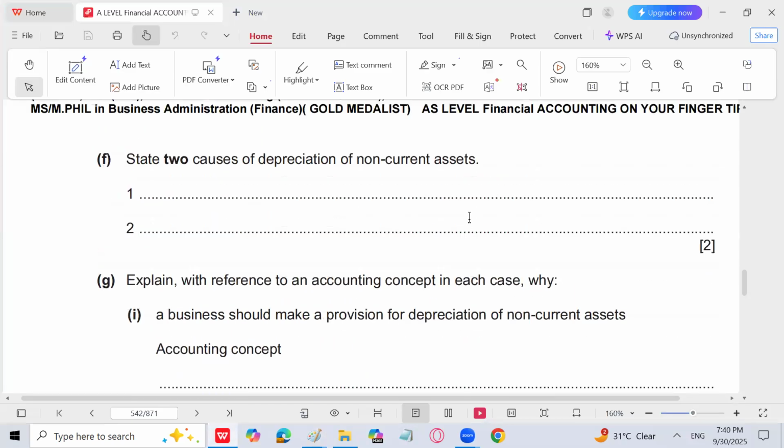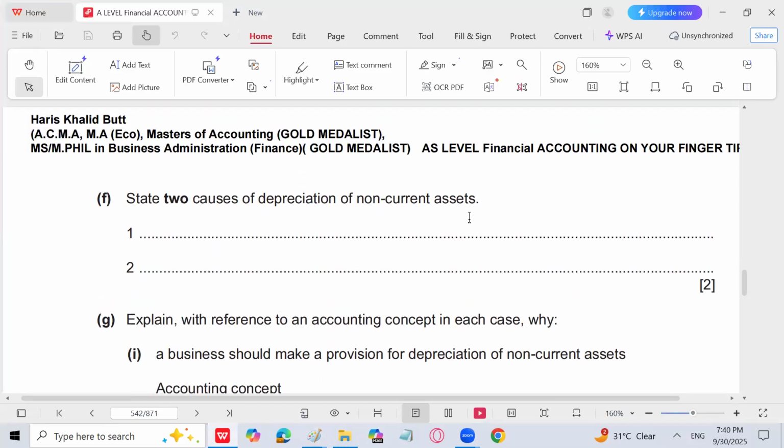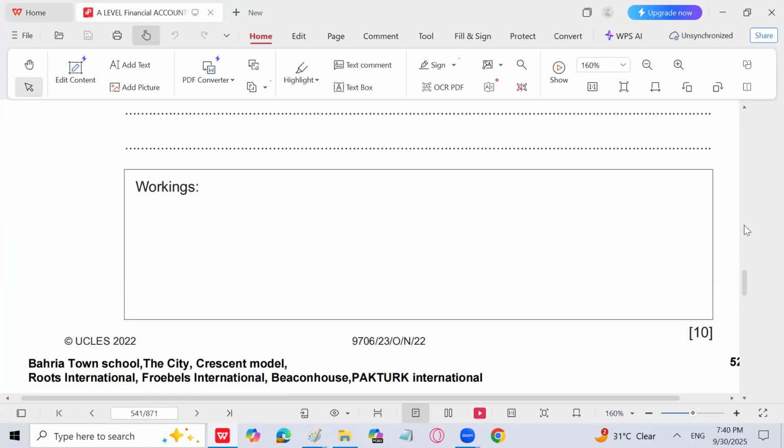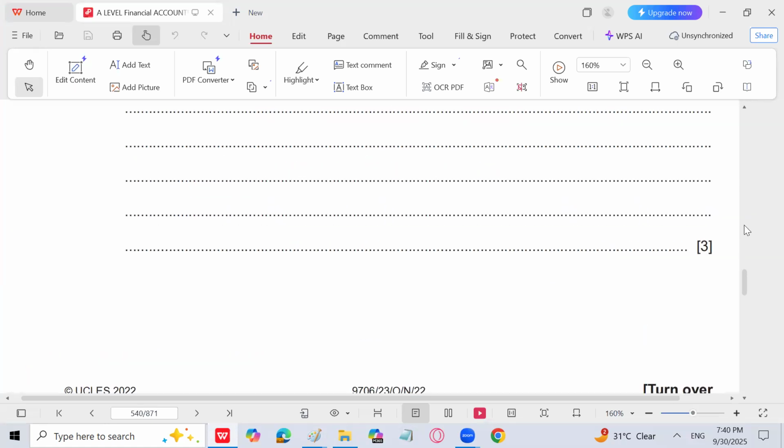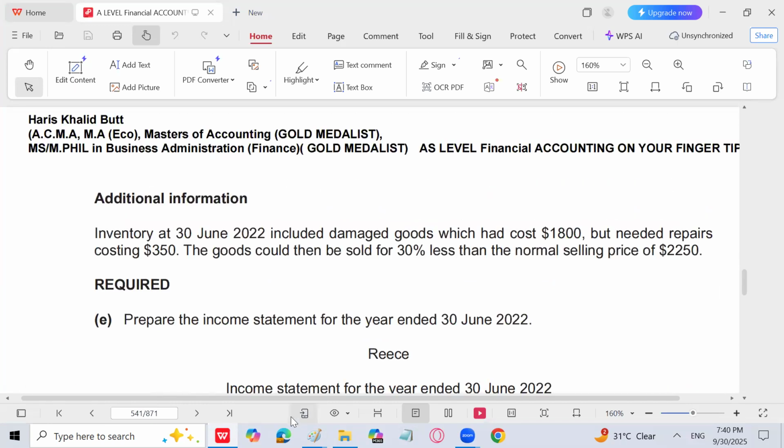The amount of closing inventory is 21400. Let me write here. 21400 includes cost 1800. So 21400 minus 1800 plus, because we have to record inventory at cost or NRV, whichever is less, right?